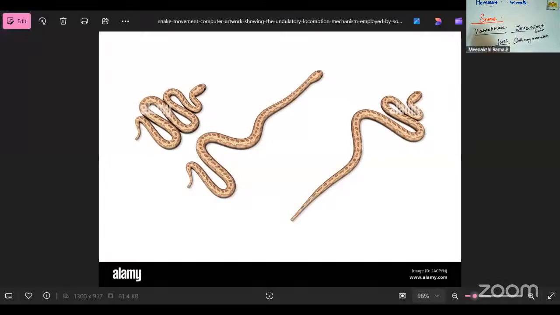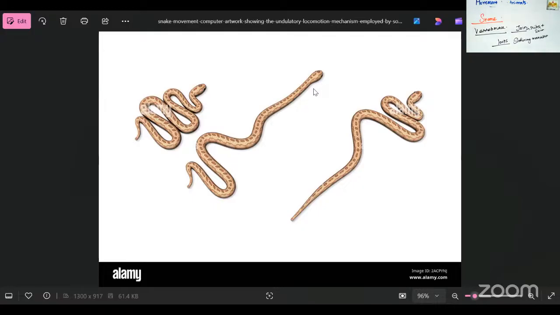Yes, in this way only the snakes move forward. First their body shrinks and then extends, like earthworm movement. Is it contraction and relaxation? That's the same, a similar concept, more or less.